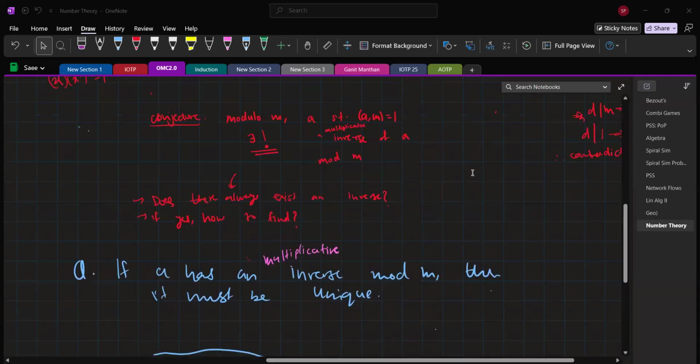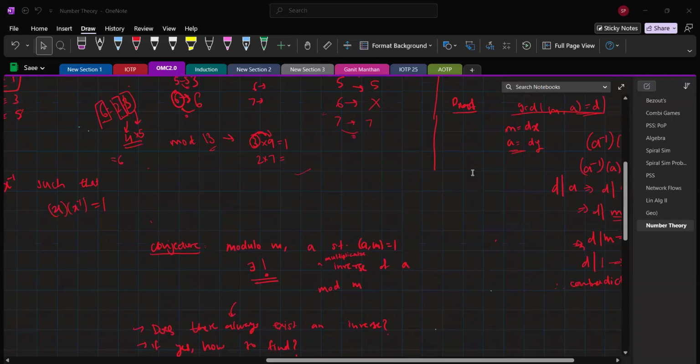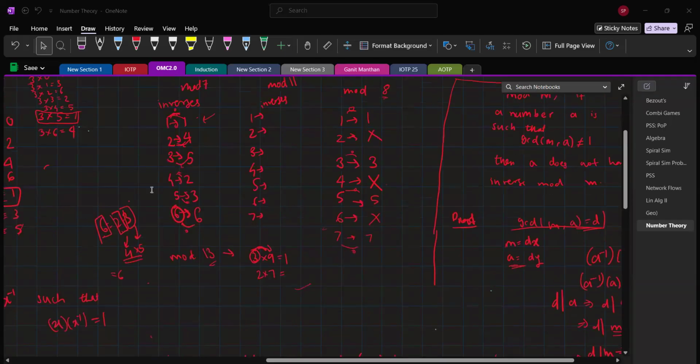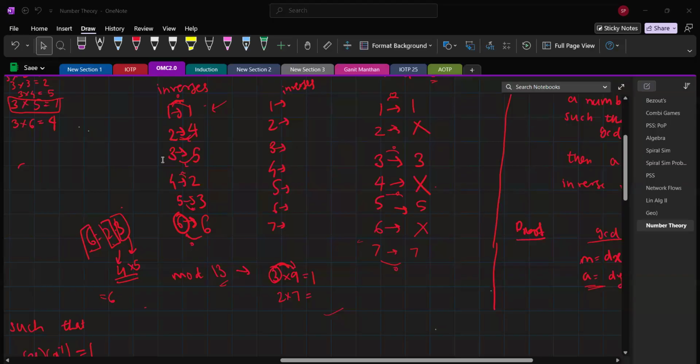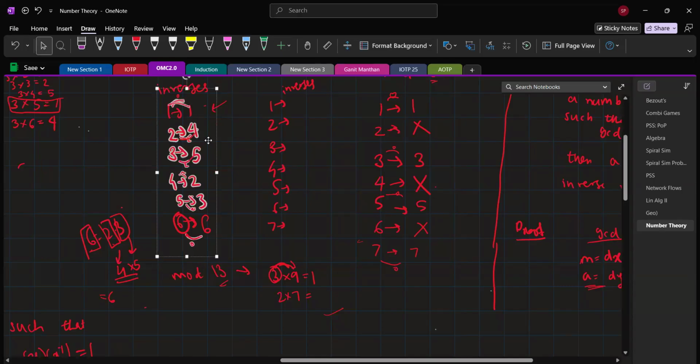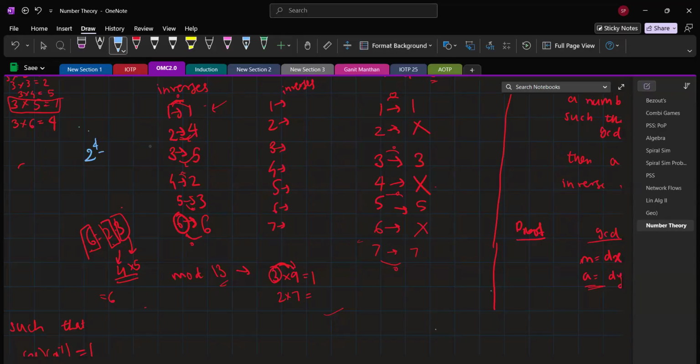For example, a raised to the power a inverse will be 1 modulo m. Oh, wow. Interesting. So you're saying 2 raised to 4 has to be 1 mod 7, is it?